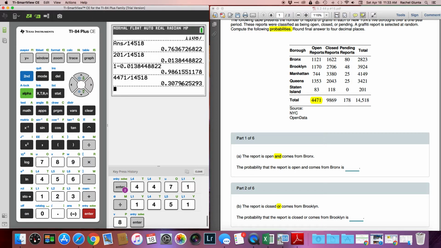That gives 0.30079, and then the 9 has to round up, which means the 7 has to round up. The way I look at that is look at 79, and 79 would round up to 80. So this would be 0.3008.